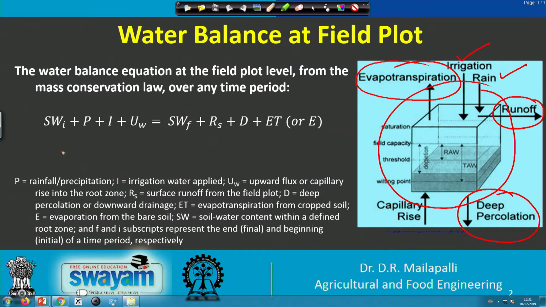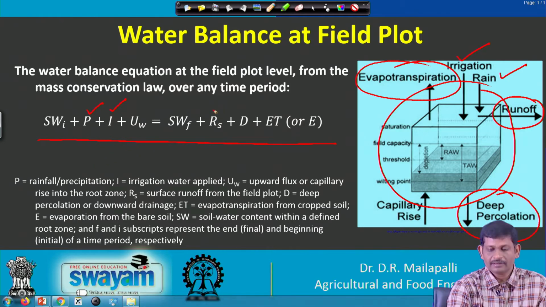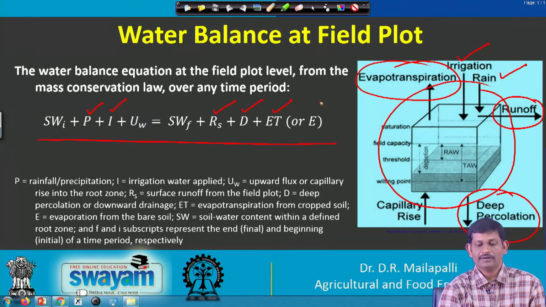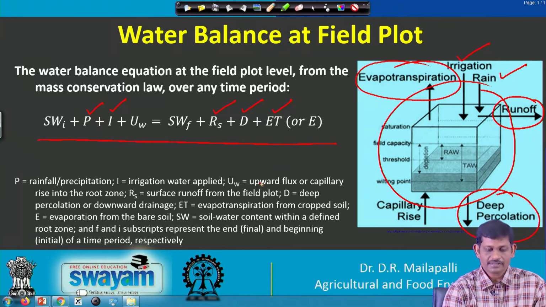Here, if you see this water balance equation, we are focusing on the field plot. The precipitation and irrigation are the inputs. Then the runoff, deep percolation, and evapotranspiration or evaporation are the losses.